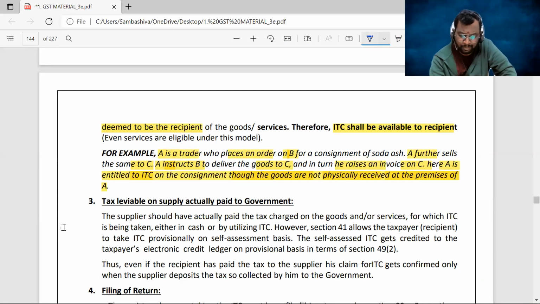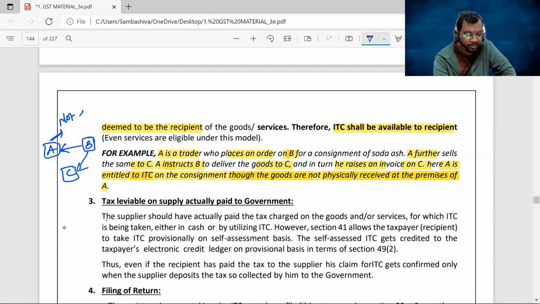Right? The example is that you can see A, B, and C. So initially A and B entered into the transaction. Now B is supposed to transport the goods to A. But while the goods are in transit, A already sold the goods to C and gave the instructions to B. Now B directly transported the goods to the premises of C. Now here Mr. A has not received the goods into his premises.